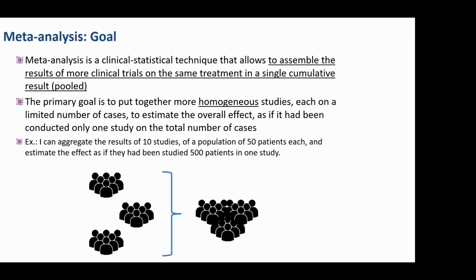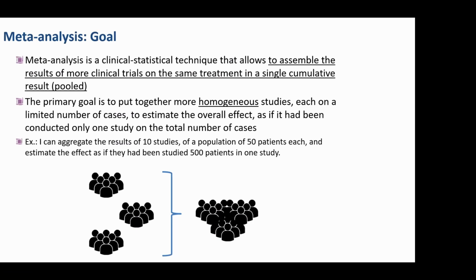And so the idea is to pull together studies that are homogeneous. Homogeneous means studies that have similar characteristics. For example, I'm studying this new drug for the treatment of people who have had an infarction and who are between 40 and 60. So you are looking for this specific group. It's a bit like the inclusion and exclusion criteria of a systematic literature review.